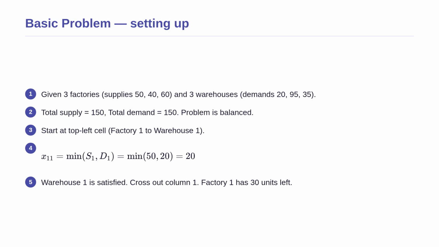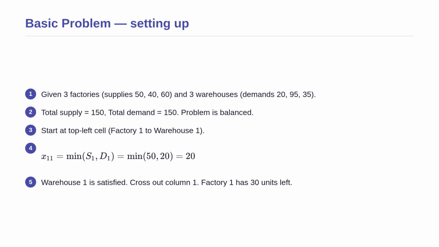Before we move on, let us see this with a concrete example. We are given 3 factories with supplies of 50, 40, and 60 units, and 3 warehouses with demands of 20, 95, and 35 units. Notice that both total supply and total demand equal 150 units, meaning the problem is perfectly balanced.